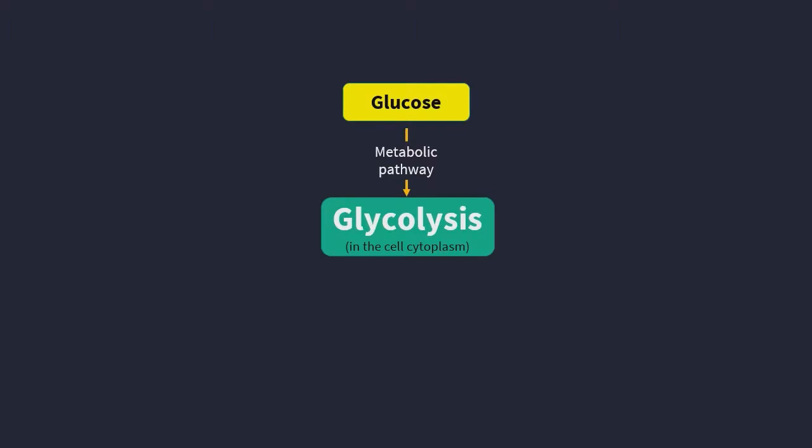Glycolysis is a compound word that comprises glyco, which is sugar, and lysis, which is splitting off. In other words, the splitting of sugar. So what will be the end product for this? We will look at that later. Glycolysis happens inside the human cytoplasm, the environment inside the cell, and there are 10 steps that carry out the entire process of glycolysis.